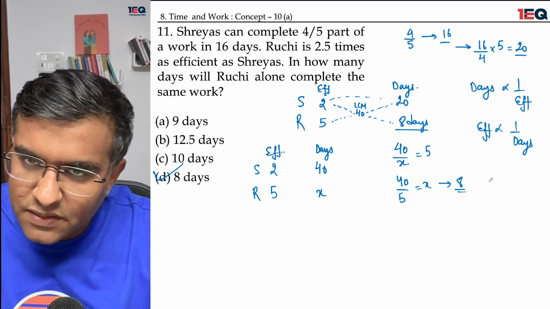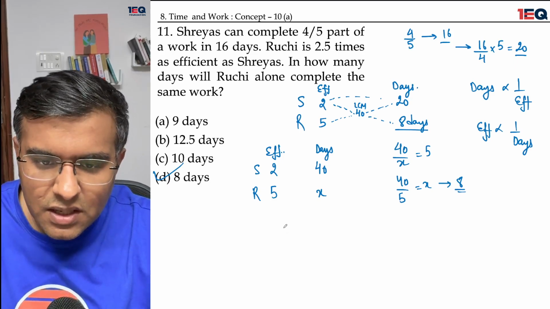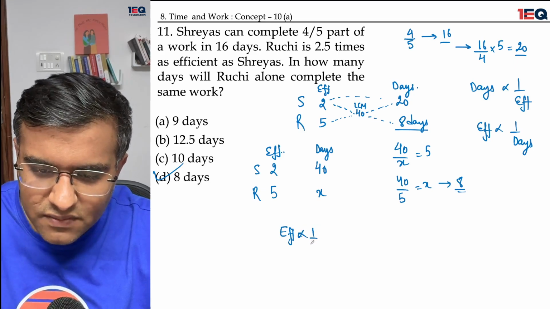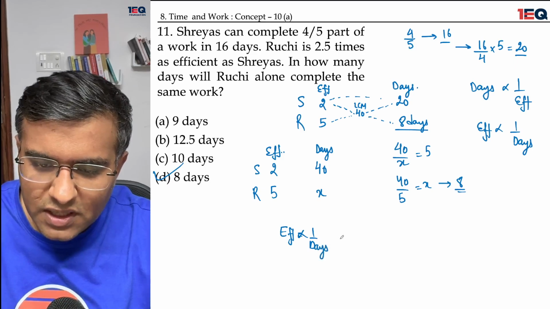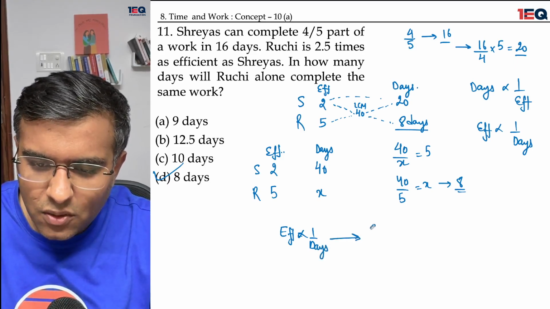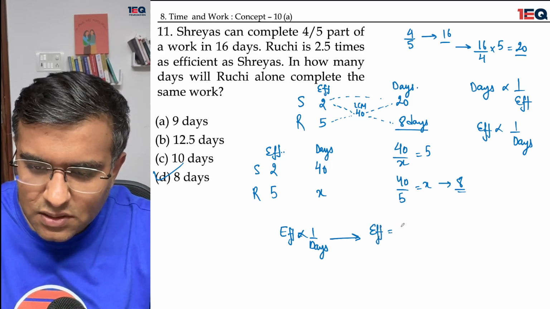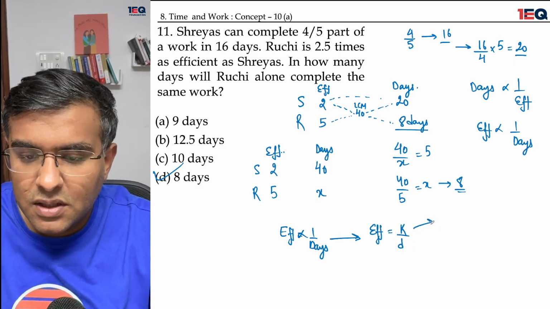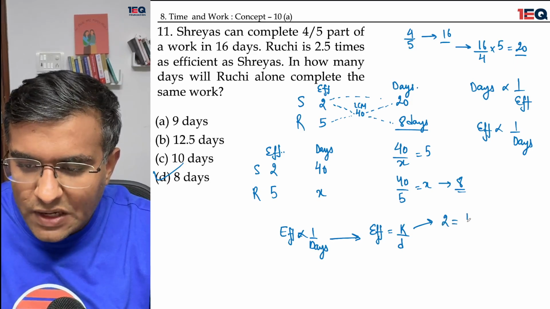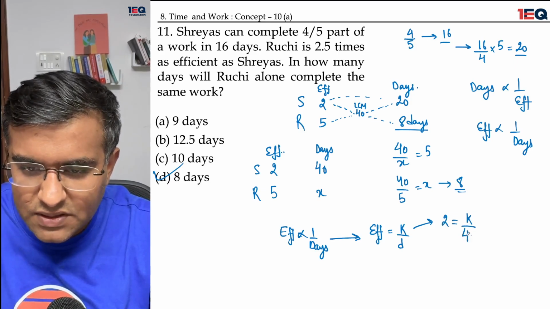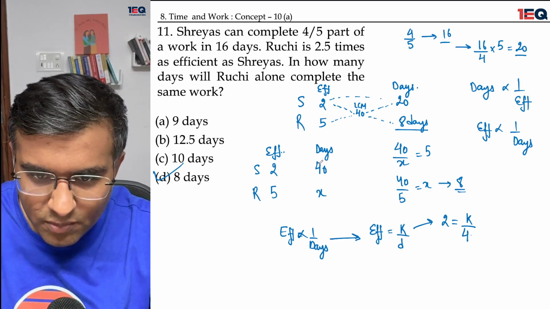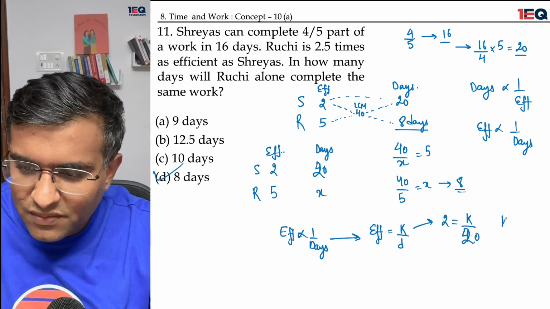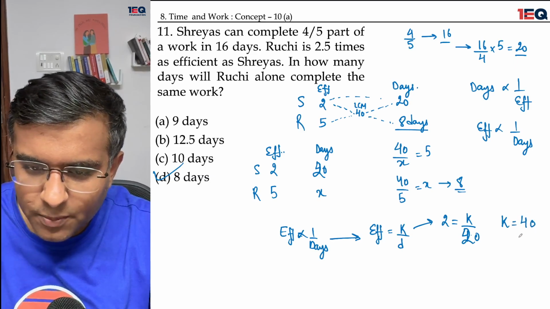As efficiency is inversely proportional to the number of days, efficiency is equal to k upon days. Efficiency is 2, the value of k needs to be found out, and the number of days is 20. I by mistake wrote 40, so this is 20. So the value of k comes out to be 40.